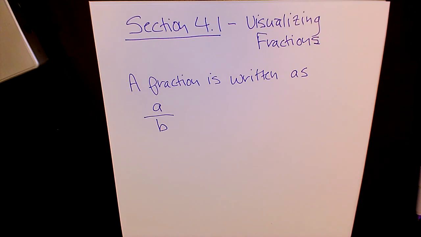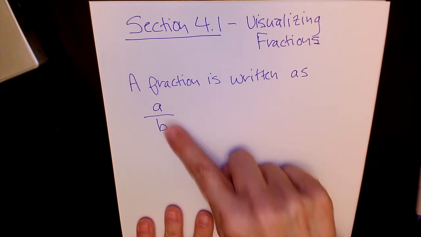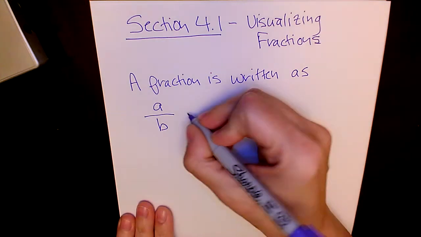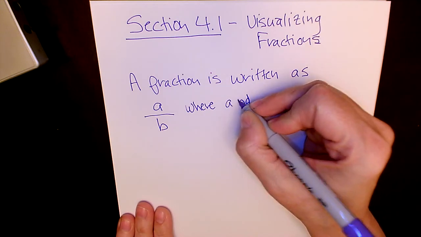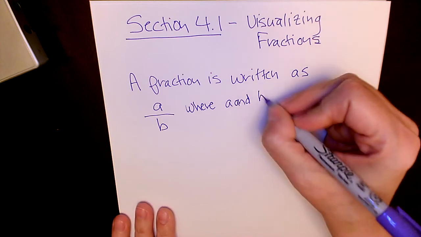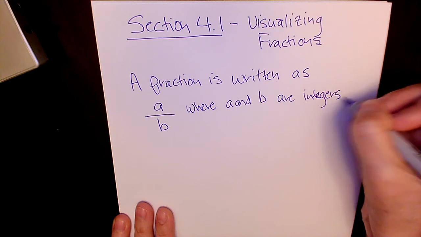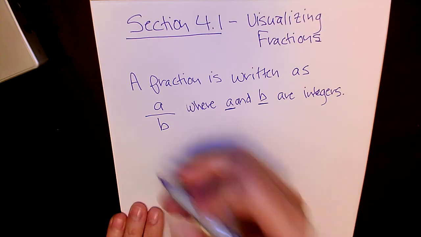So a fraction, we always write it as a over b, where a and b are integers, which means a and/or b could be either positive or negative. Okay, we have a number on top and a number on the bottom, where a and b are integers.